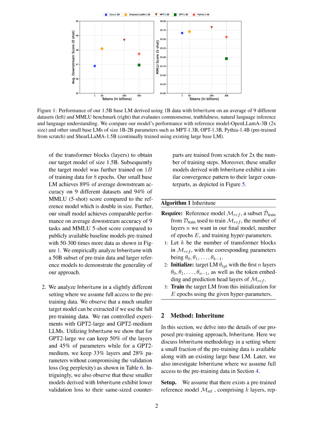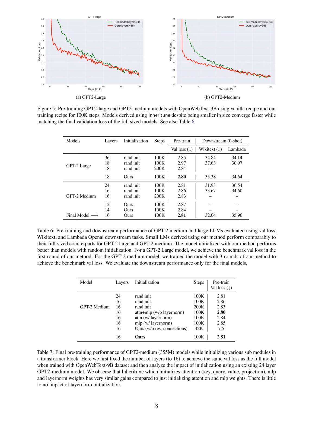The authors thoroughly analyzed Maths-F Inheritune in different settings, including using a 50B subset of pre-trained data and larger reference models to demonstrate the generality of their approach. They also compared the performance of models derived with Maths-F Inheritune to models trained from scratch for double the number of training steps.